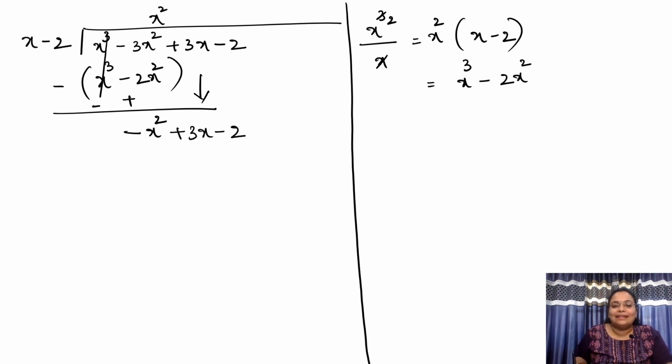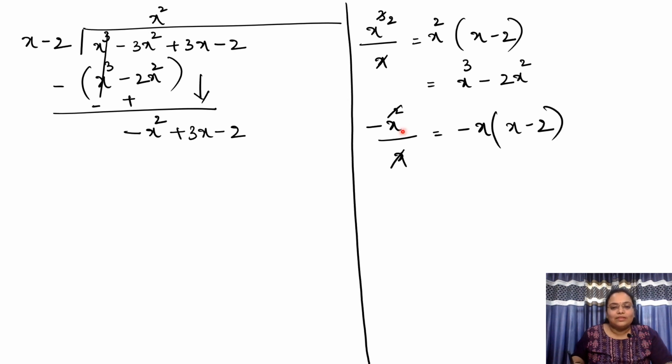The next is -x² divided by x, which is -x. Again, you need to multiply it with x - 2. So we have taken the first term of the remainder and divided by the first term of g(x).